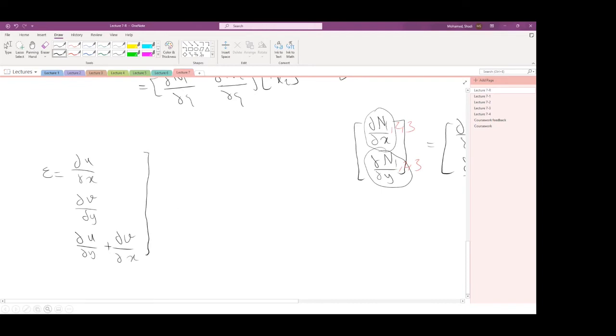This is how the strain would look like as a 3×1 vector. And then the derivatives now would look like this. And I want you to bear with me. n1 with respect to x, 0, n2 with respect to x, 0, and n3 with respect to x. And you have a 0 there.